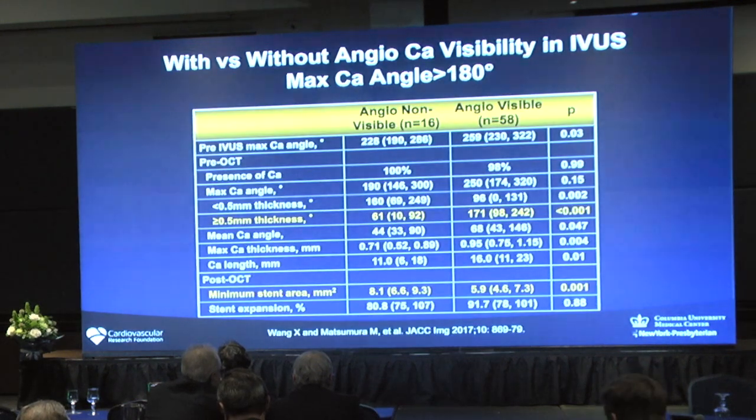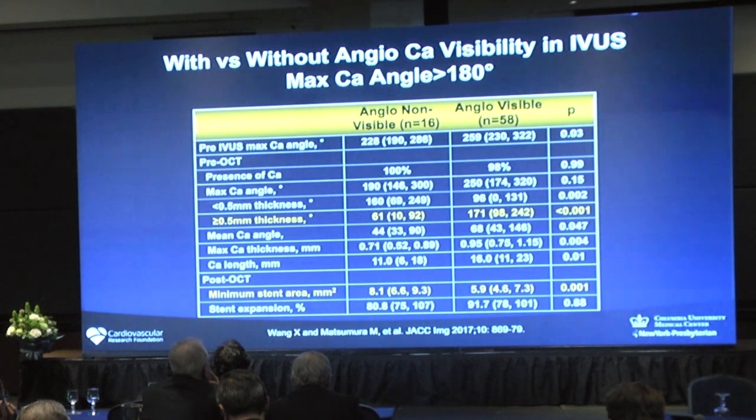To answer that question in a more systematic way, we analyzed only cases where the IVUS calcium was more than 180 degrees, and we compared angiographically visible versus non-visible, and then looked at the OCT appearance. If angiographically non-visible, even if the IVUS calcium is large, that calcium is most likely thin and doesn't inhibit stent expansion.